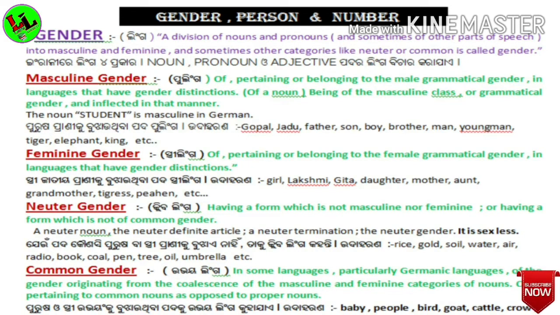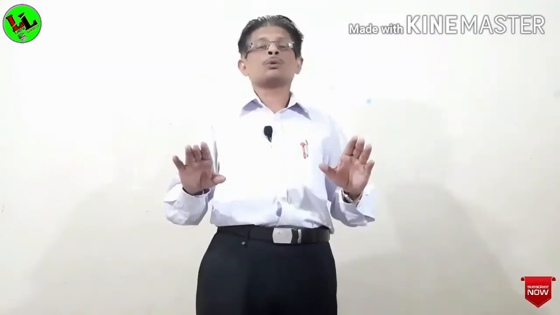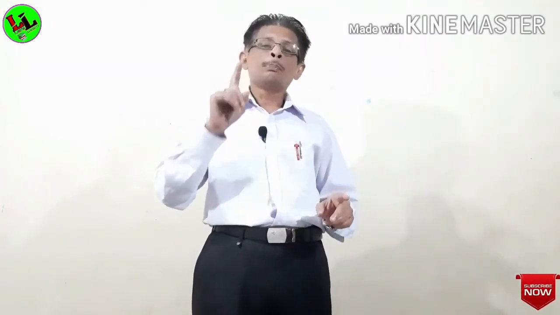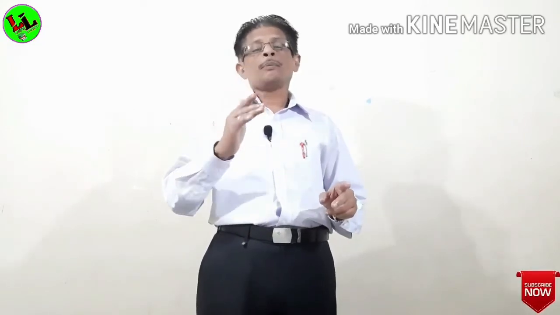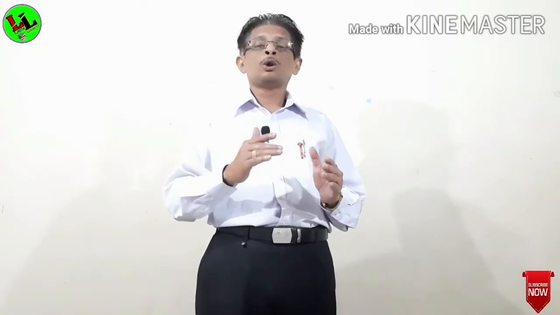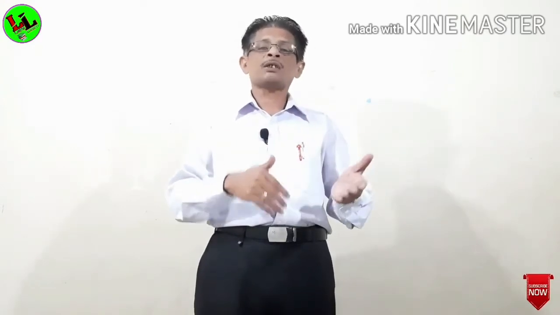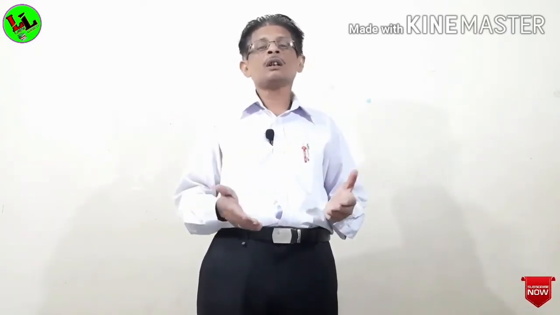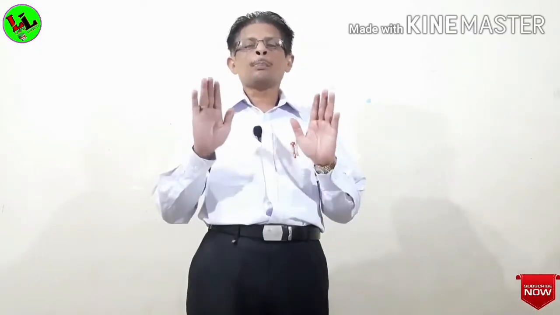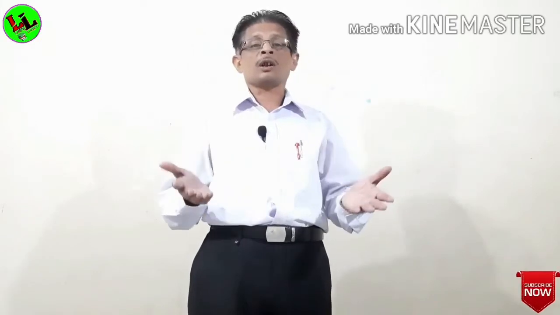We can take some examples like baby, people, bird. These are some sort of examples of common gender. That means these nouns refer to both male or female. So you must remember the noun which will refer to both sexes, that means male sex or female sex, that is called common gender. Now we will proceed to person. What is person?